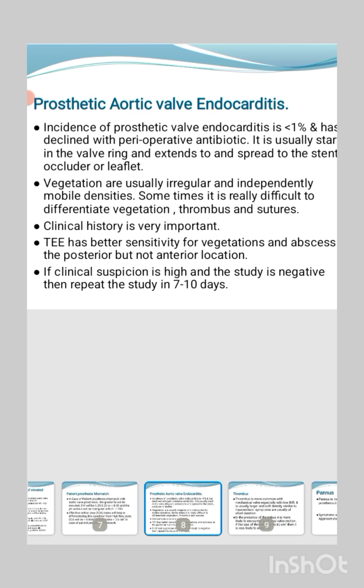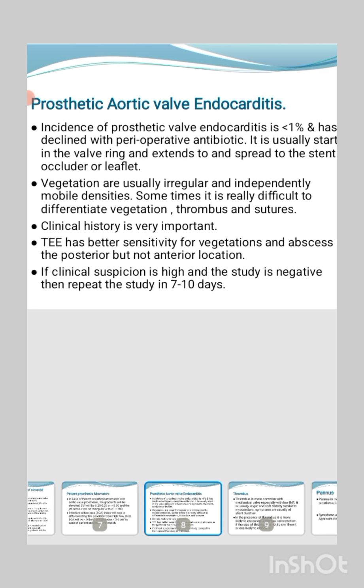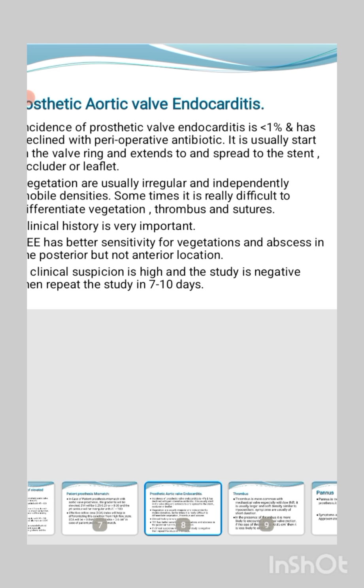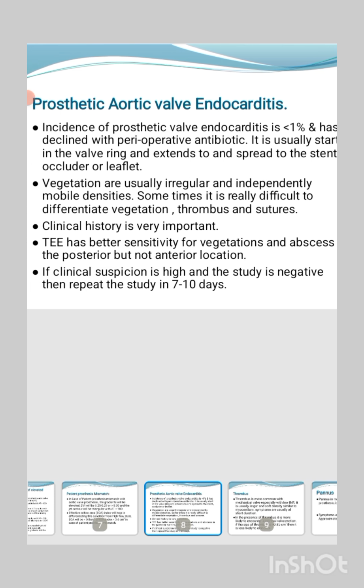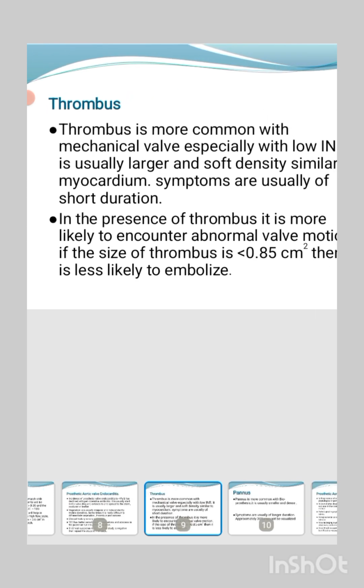Sometimes it is really difficult to differentiate vegetation, thrombus and sutures. Clinical history is very important. TEE has better sensitivity for vegetation and abscess in the posterior but not anterior location. If clinical suspicion is high and the study is negative, then repeat the study in 7 to 10 days.